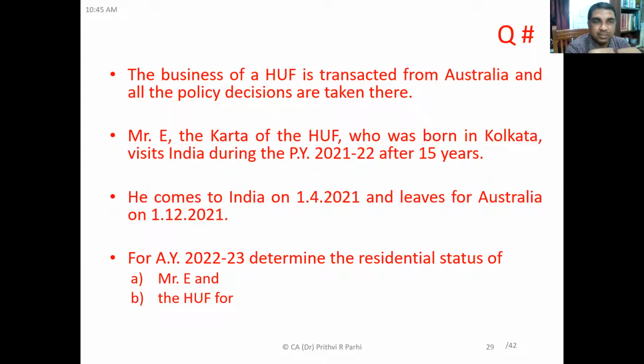Okay, then read the next point. Mr. E, the Karta of the HUF, who was born in Kolkata, visits India during the previous year 21-22 after 15 years. Non-resident.